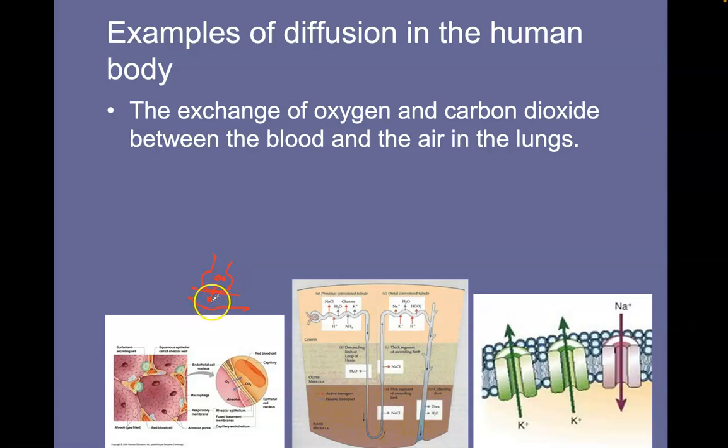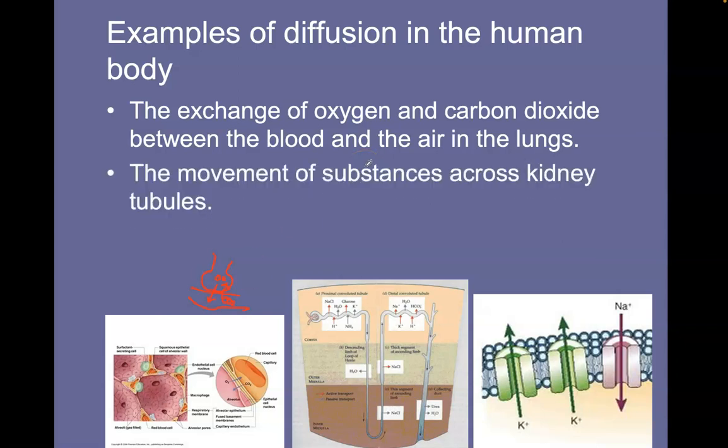It's going to move right down its concentration gradient across the membrane through simple diffusion. So oxygen will diffuse into our blood, and carbon dioxide, which is in high concentration in our blood, is going to move out of our bloodstream and into the lungs. Those two gases are really important in understanding simple diffusion, because they diffuse simply right across the capillary membrane and the alveoli membrane.